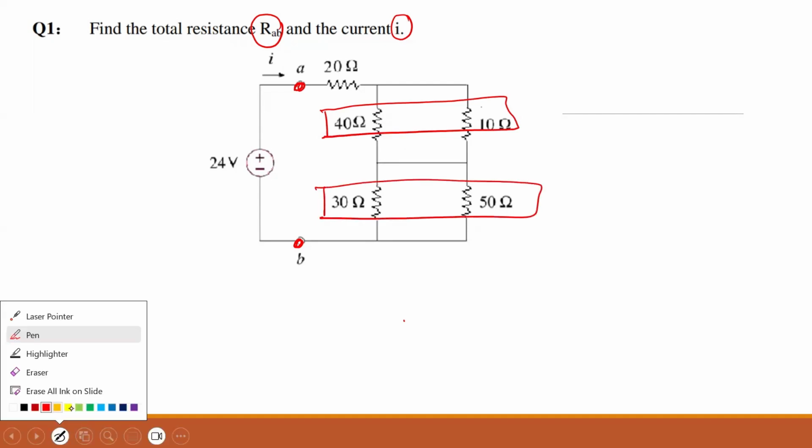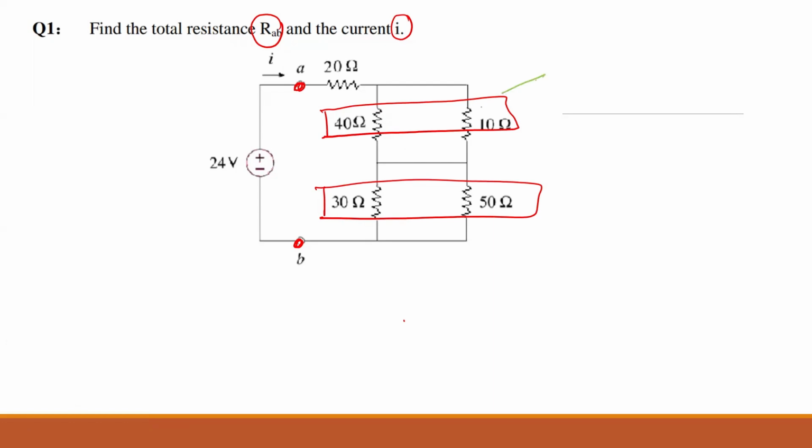So if you want to make this a single resistor, you can do 1/40 plus 1/10. You can solve this and you can make it upside down and find the RT. But I told you an easier way. Do you remember that? Whenever you have only two resistors in parallel, R total equals 40 times 10 divided by 40 plus 10.